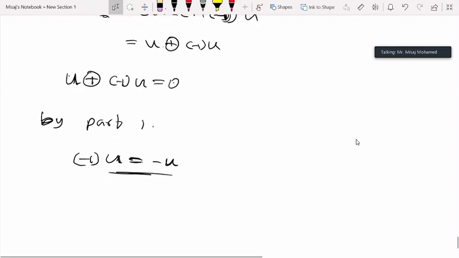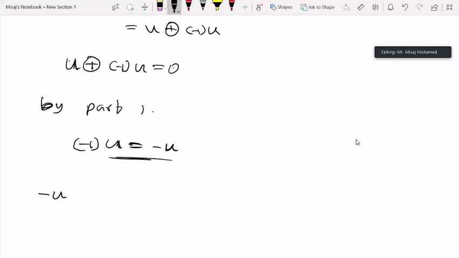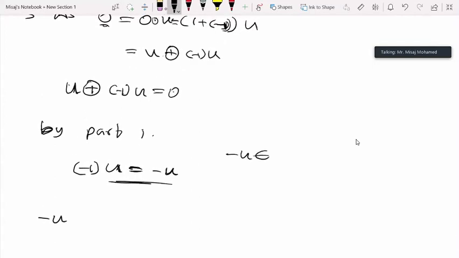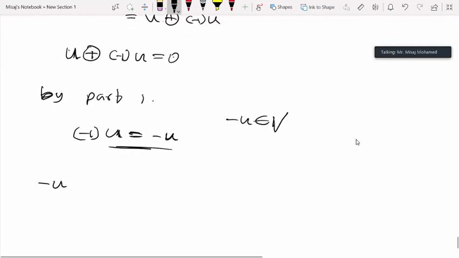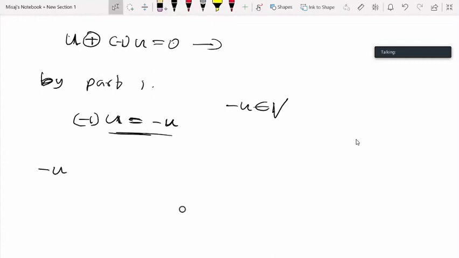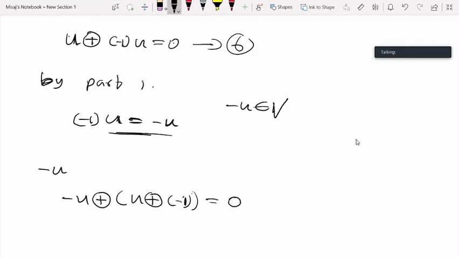So is minus u in V? Minus u is also in V. Is it correct? Yes. I am going to add minus u both sides in this one. Take this as equation 6. Add minus u both sides: 0 plus minus u.